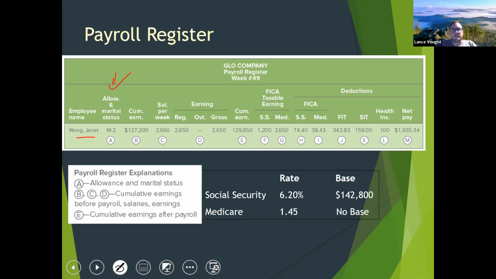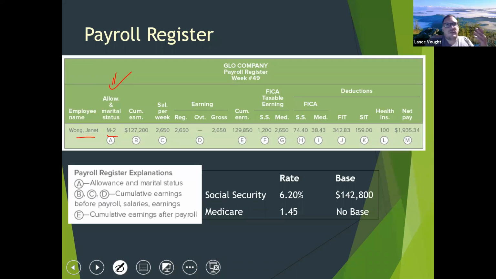You claim one for yourself. You claim one if you're married. You might claim one if you have children. It really just depends on the state and what the stipulations are. But typically people that are married claim two, one allowance for them, one allowance for their spouse. So that's what this A spot is saying. They're married and they're claiming two allowances. Those allowances are what are going to dictate how much is withheld in taxes every pay period.